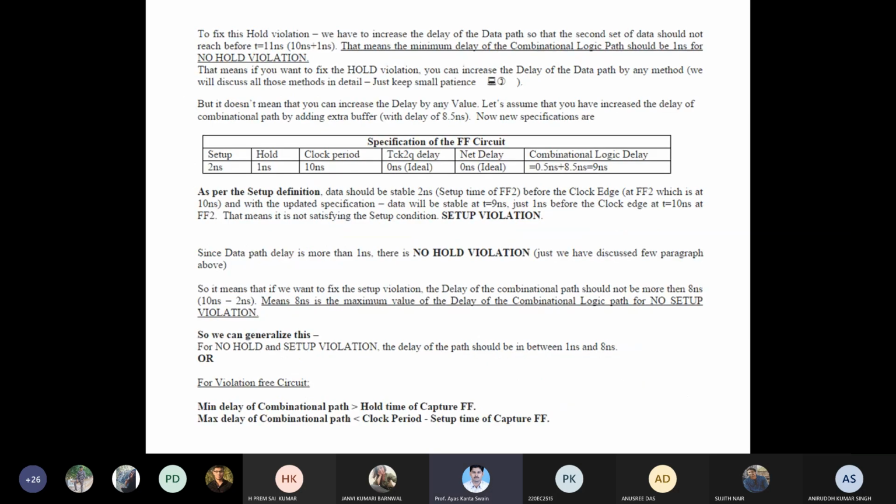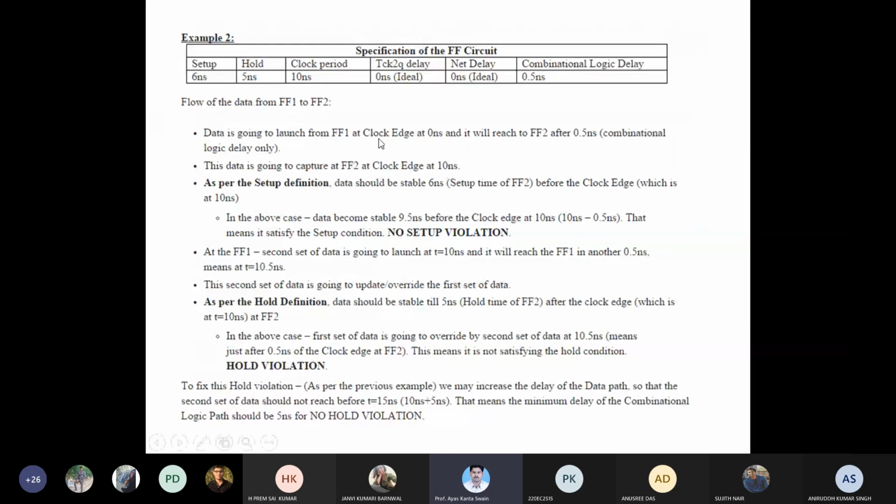In the previous case, what happened? Your delay was just 1 nanosecond, and setup was around 10 minus 2, 8 nanosecond, so you had a buffer of 7 nanosecond. But here you don't have any buffer period. By buffer I mean buffer period. Because at 10 nanosecond minus 6, at 4 nanosecond, the data must be stable, but the combinational logic requires an inherent delay of 5 nanosecond.